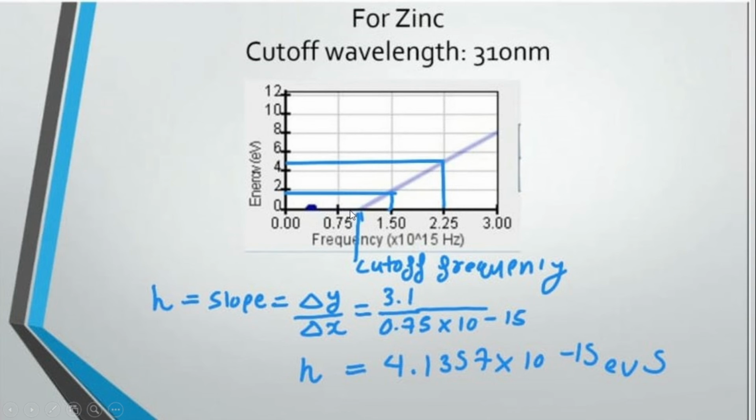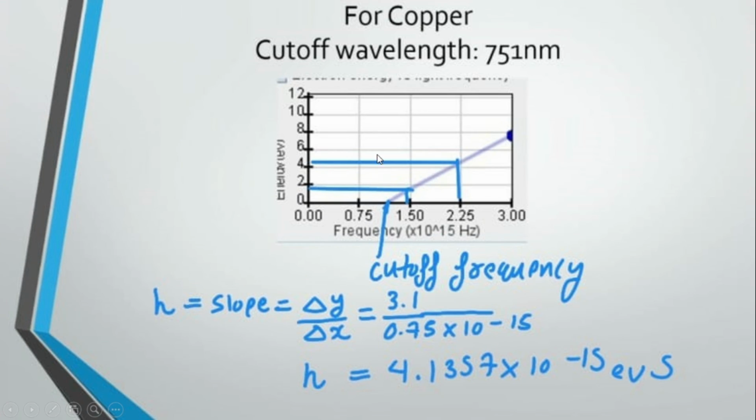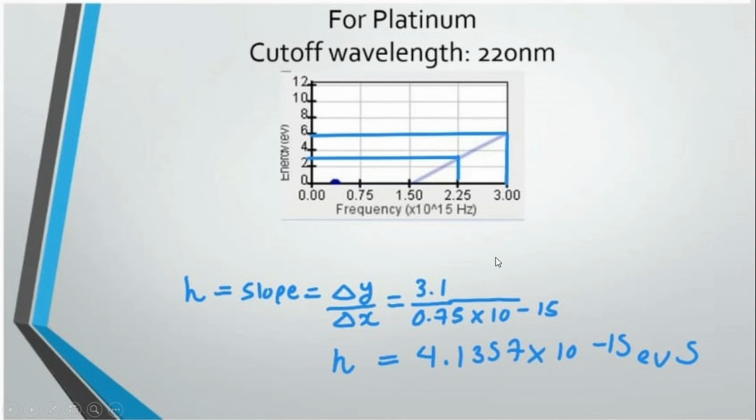So below this frequency, no electrons are gaining any kinetic energy. For copper also we have a cutoff frequency which lies between 0.75 and 1.50 times 10 raised to the power 15 hertz, and the value of h is again coming out the same, and for platinum also the value of h is coming out the same.